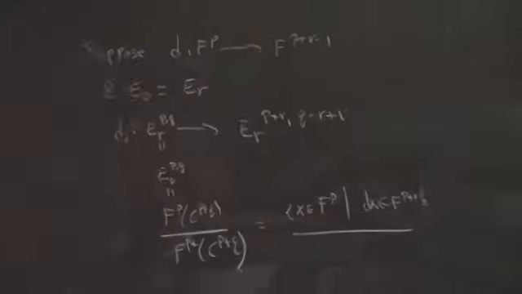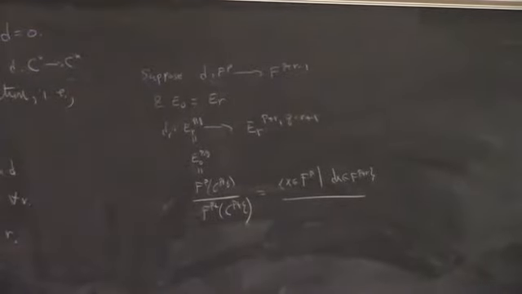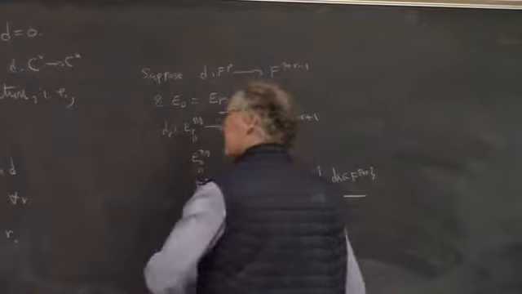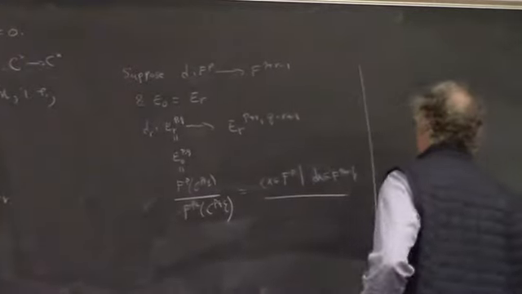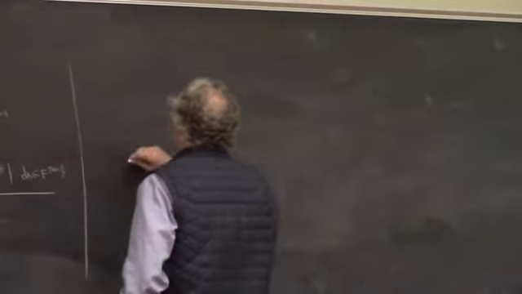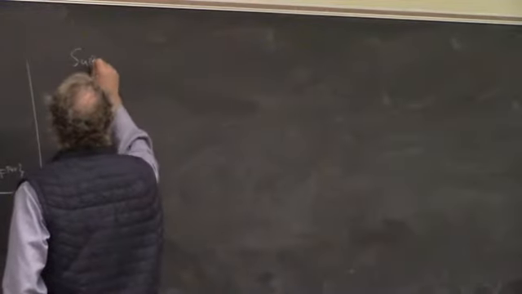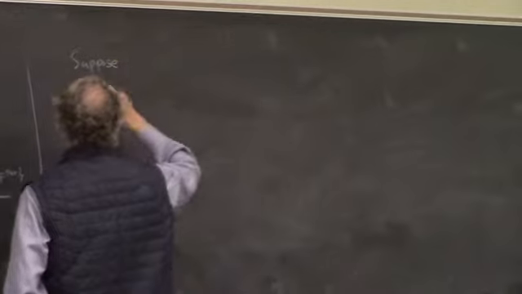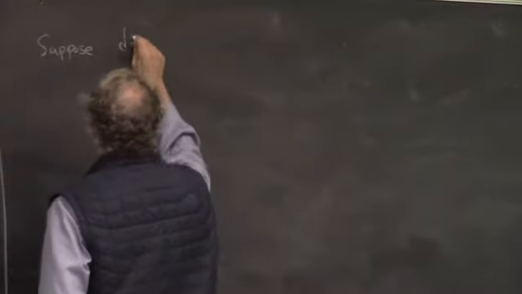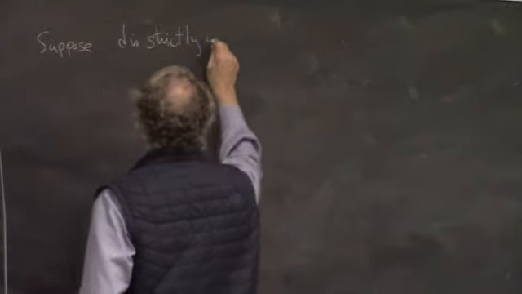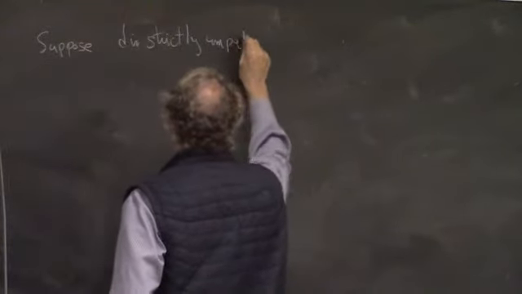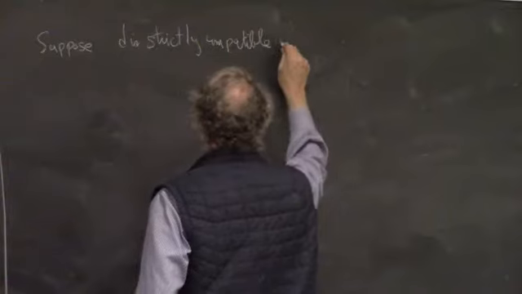Okay. So let me pass to the other case, the first case of the lemma. So suppose, again, I'll do the easy direction. D is strictly compatible with the filtration.